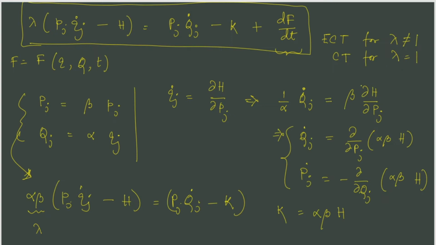If you have some q's and p's, an original set given, then you can move on to a new set using this function, which we still have to describe, what it is and what it does.